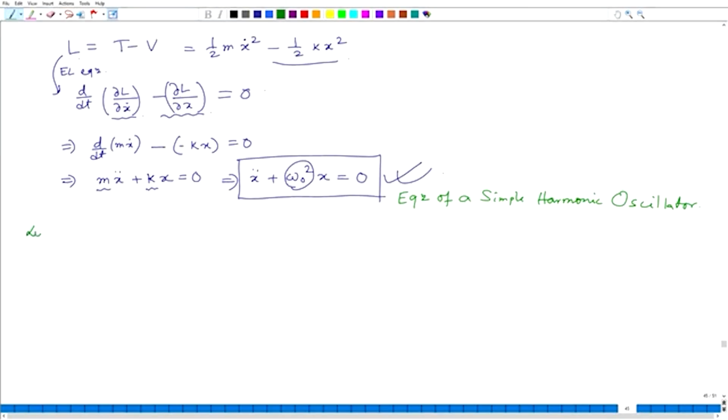So, let us take the Lagrangian L is equal to half m x dot square minus half k x square times e to the beta t, where beta is a constant.